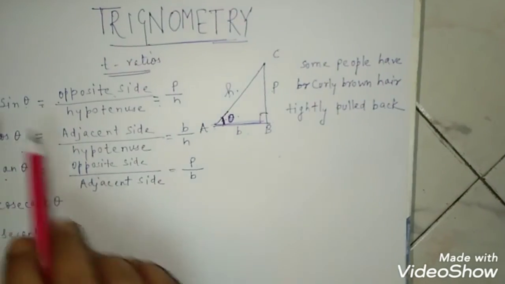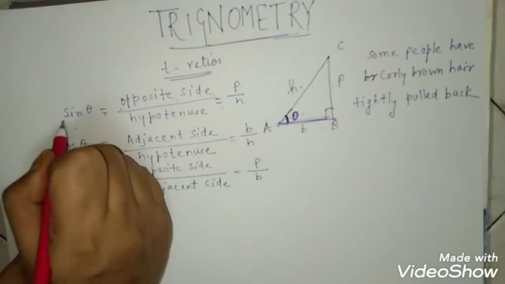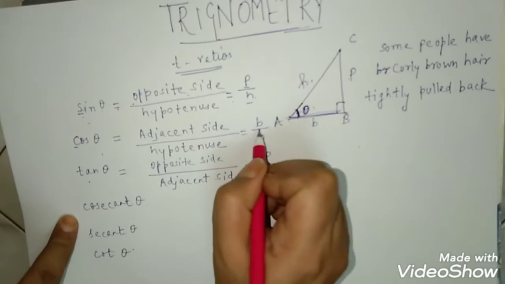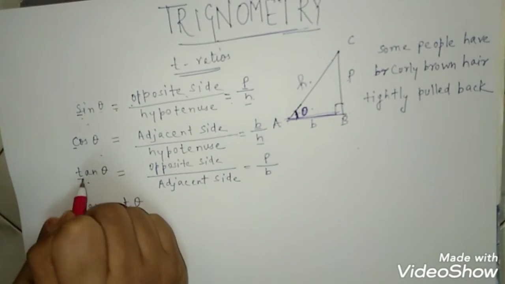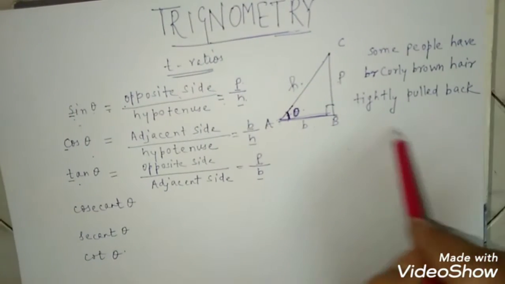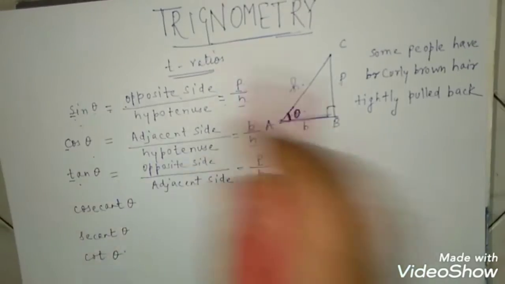You need to learn this. Some people have curly brown hair tightly pulled back. So if you keep this in mind, you can easily remember this formula.